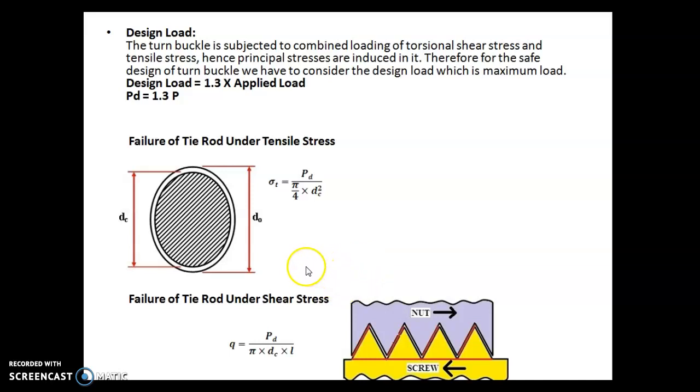So after selecting 18 mm core diameter value, take the corresponding value of each parameter. Okay, that is, nominal diameter will be 25 mm approximately. Then pitch will be 5 mm. Likewise, you have to take it from the example, that is from the question.